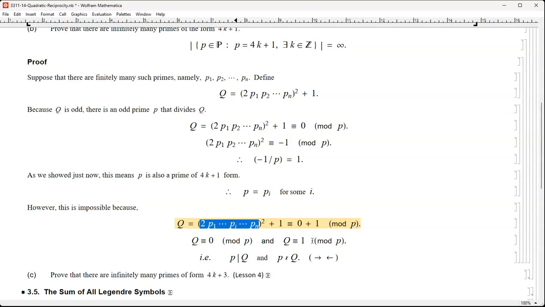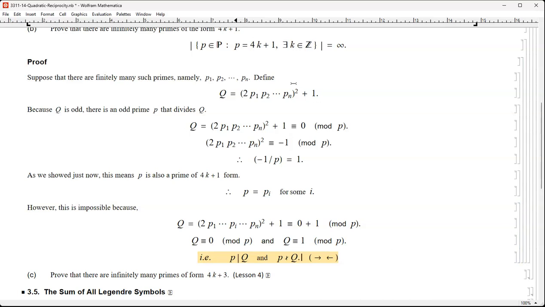So 0 plus 1, therefore Q is congruent to 1 mod P. Which is right? 0 mod P, because it's divisible by P, or 1 mod P. You see, this is 0 plus 1, so 1 mod P, or as we said previously, 0 mod P. They cannot both be right at the same time, so there's a contradiction. P divides Q and P does not divide Q at the same time. It can't be right. So there goes the contradiction.